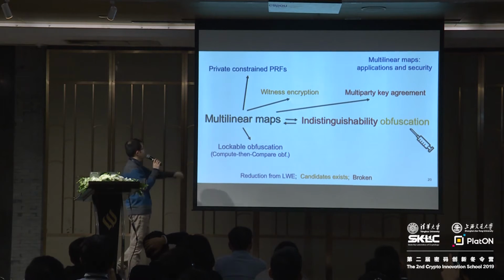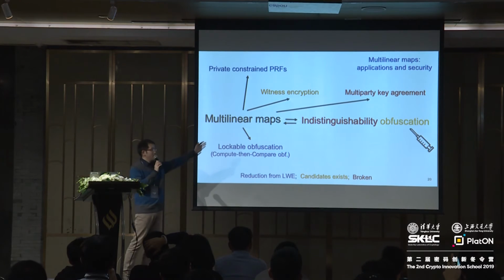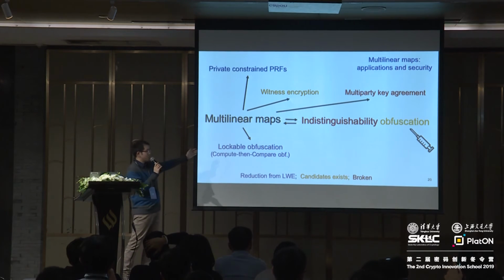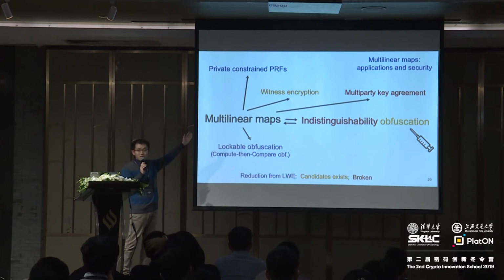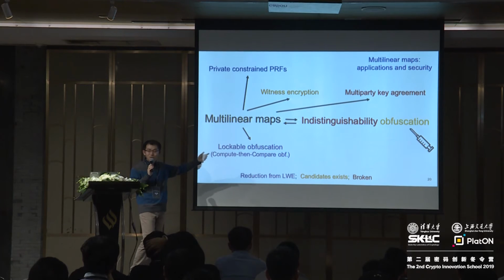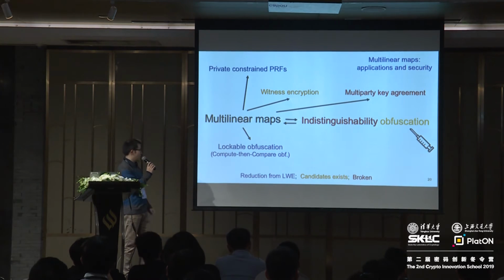For some applications built from multilinear maps, for example a special obfuscation called lockable obfuscation, or private constrained pseudo-random functions, if you follow the multilinear map framework, generalize it, and work really hard, you can show they are as secure as the standard learning with errors problem. However, the other applications are not clear.